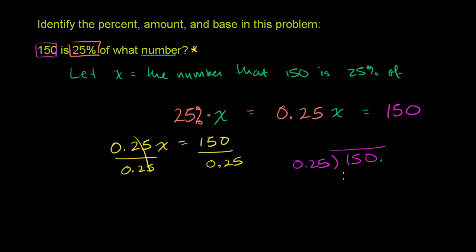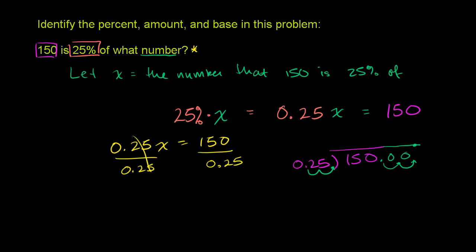So right now, you can write this as 150.00. If you multiply 0.25 times 100, you're shifting the decimal 2 to the right. Then you'd also have to do that with 150, so it becomes 15,000. So 150 divided by 0.25 is the same thing as 15,000 divided by 25.